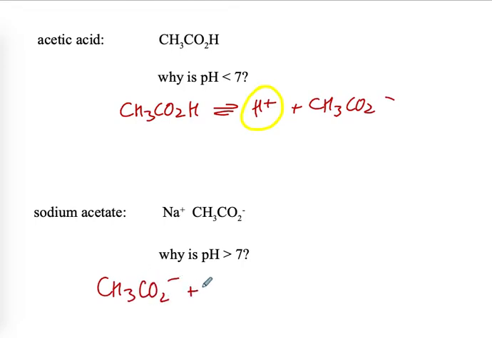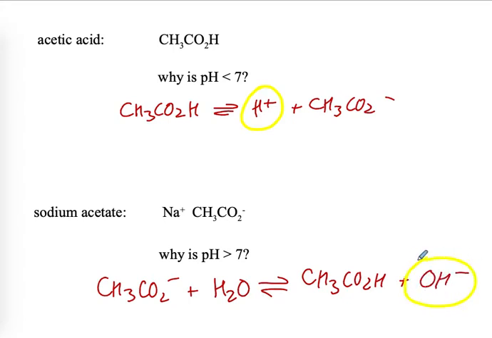The acetate anion, being the conjugate base of a weak acid, is a stronger base than water. Therefore, it ionizes in aqueous solution to form acetic acid plus the hydroxide anion. And because it forms hydroxide anion at a concentration greater than that of neutral water, it forms a basic solution with a pH greater than 7.